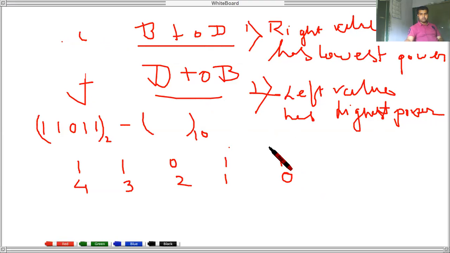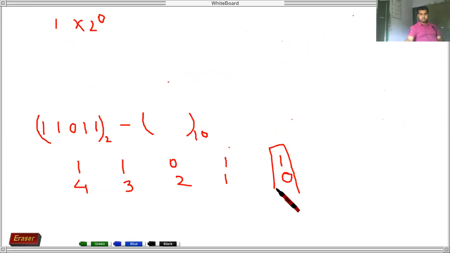Next, this particular one, 1 into 2 to the power 1. Then this one, 0 into 2 to the power 2.